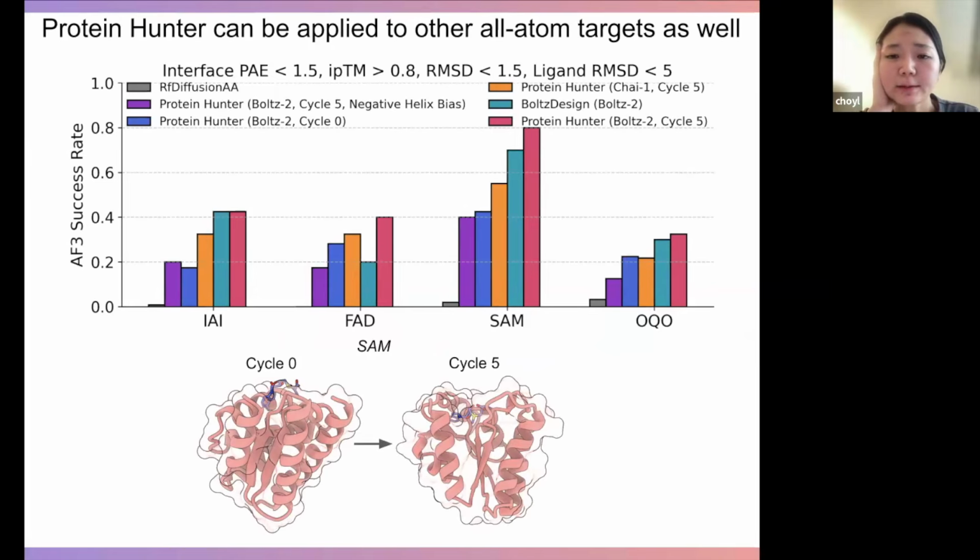But as Hennis mentioned, if you predict everything with all X, the problem we often get is folding into highly helical structure, because as you know, most of the structure databases have a lot of helical structure compared to beta sheets. So a lot of generative models just generate helical structure if you don't specifically give a bias or fold information to the model itself.